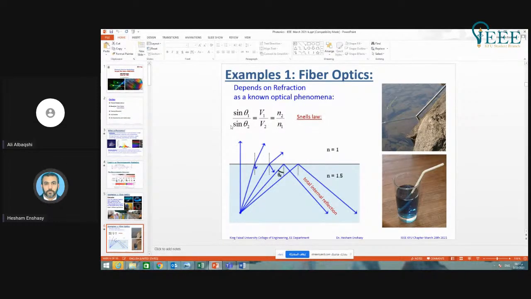In Snell's law, basically, it tells us that sine theta 1 divided by sine theta 2, which is the angle of incidence of the light.